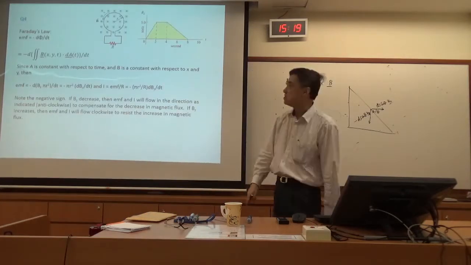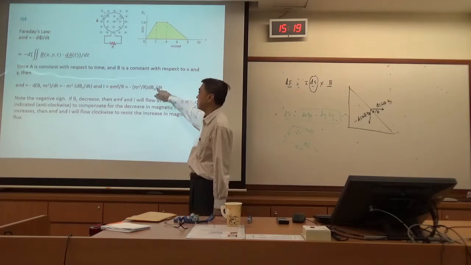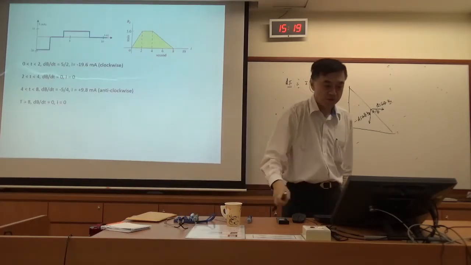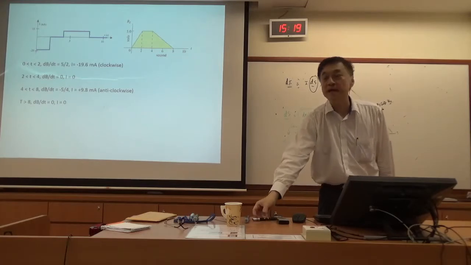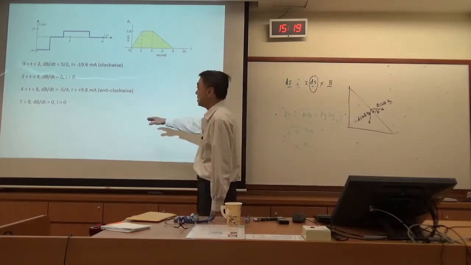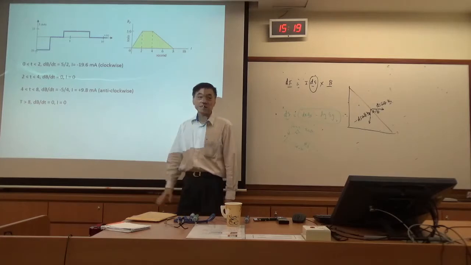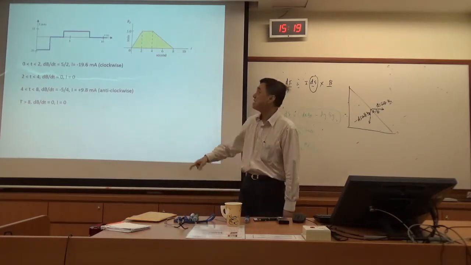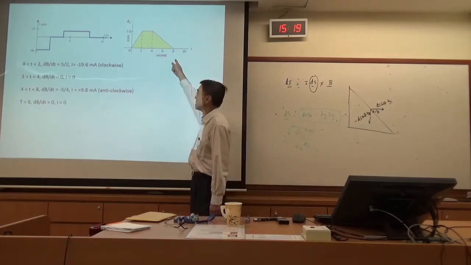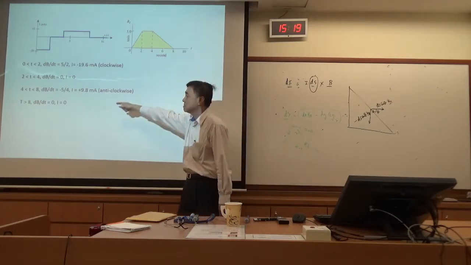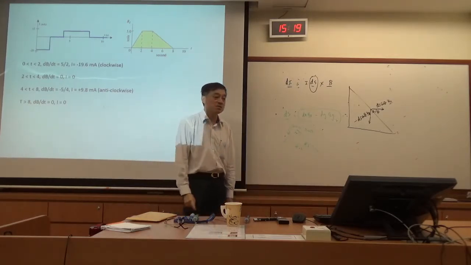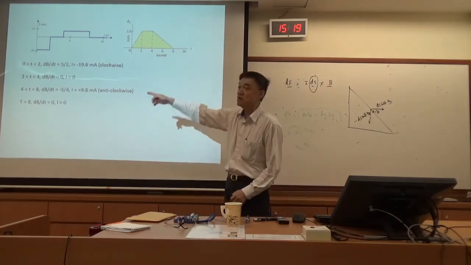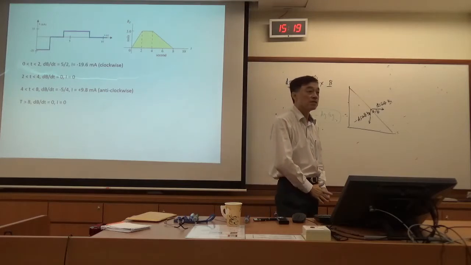If you substitute minus 5 over 4 into these equations here, you get the current I, which is equal to 9.8 milliampere, and it is in the anti-clockwise direction. Finally, for time greater than 8, dB/dt is again equal to 0 and the current is equal to 0. So if you are asked to plot, this is how the current plot looks.